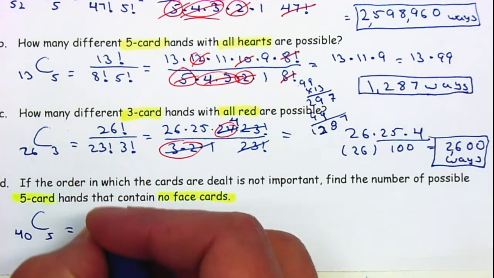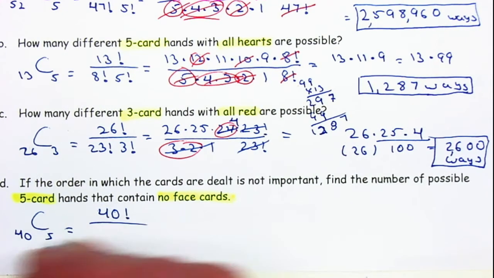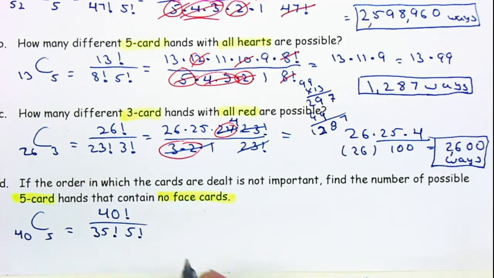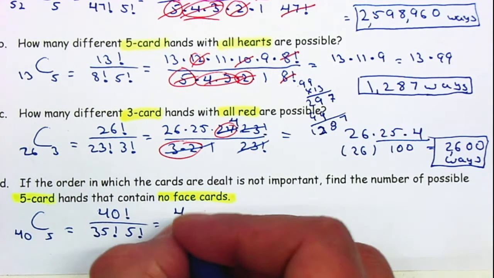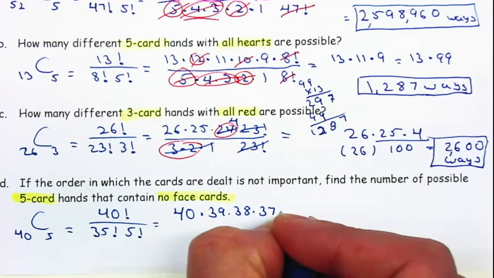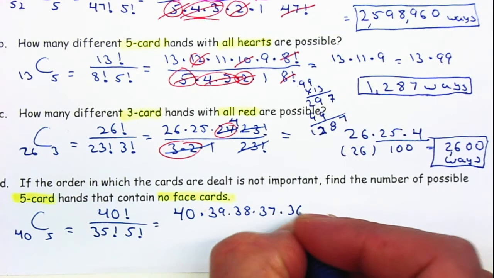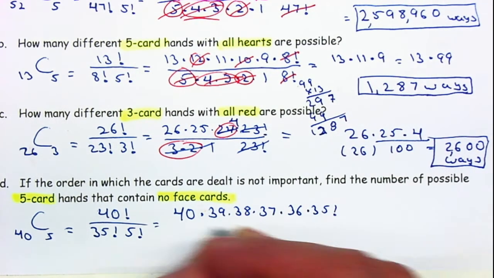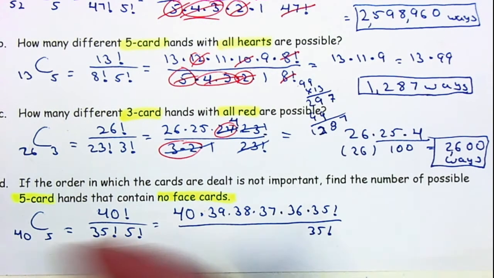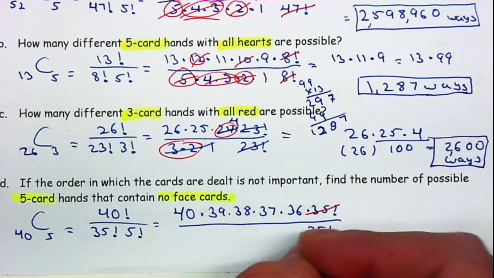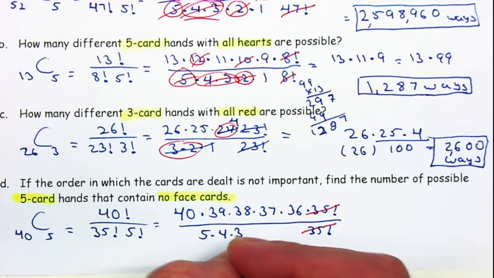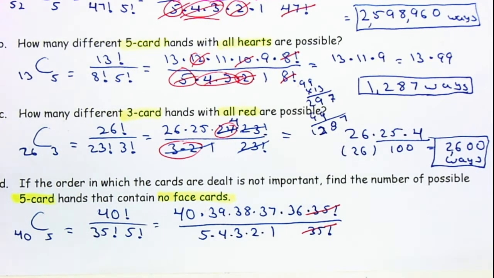5. That'll be 40 factorial over 40 minus 5, which is 35 factorial, multiplied by 5 factorial. I'll go through the same process. 36 and 35 factorial. That 35 factorial will cancel out. And I still have my 5 times 4 times 3 times 2 times 1.